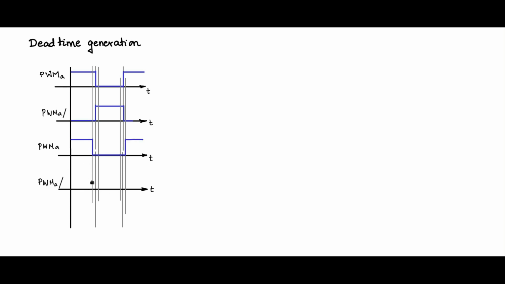Going down should be earlier. Likewise, PWM A bar should go up later and come down earlier in this fashion. So in this fashion, you have a dead band here, and that is called the dead time. And this can be a fixed time, and it is normally a very, very small percentage of the on times, on the order of 1 to 2 microseconds. So how do we implement that?